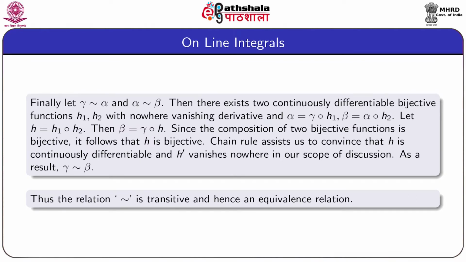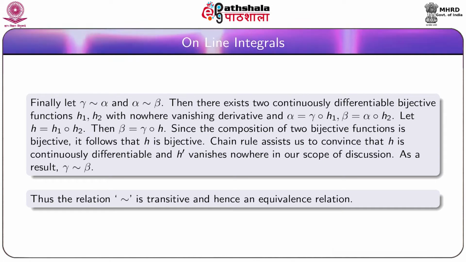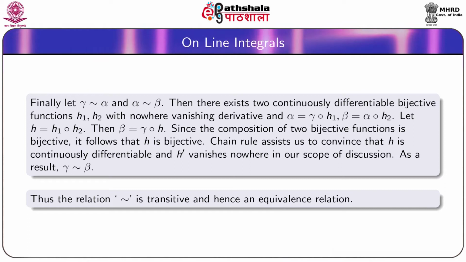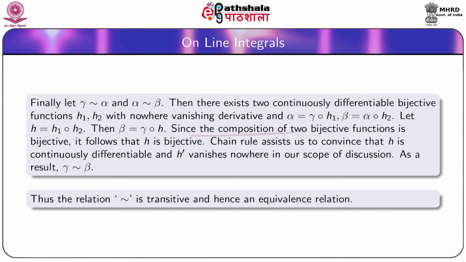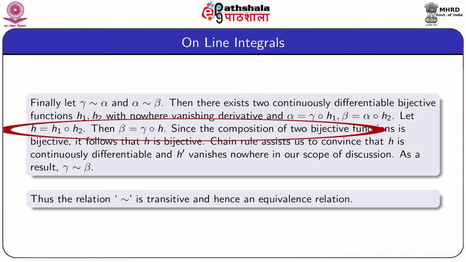Finally, let gamma have this relation with alpha, and alpha share the relation with beta. Then there exist two continuously differentiable bijective functions h1, h2 with nowhere vanishing derivative, and alpha equal to gamma compose h1, beta equal to alpha compose h2. Let h equal to h1 compose h2.